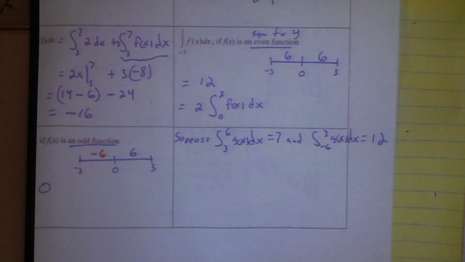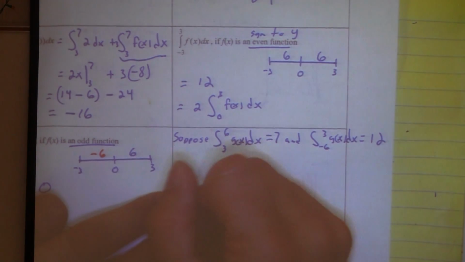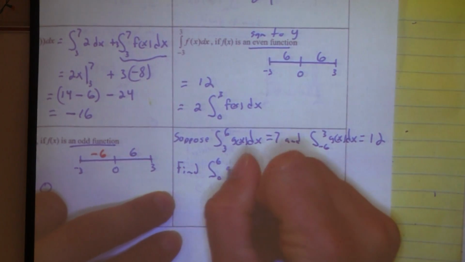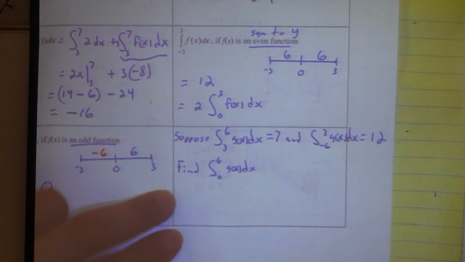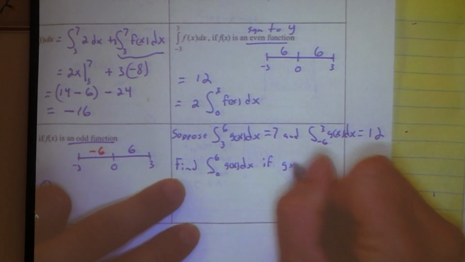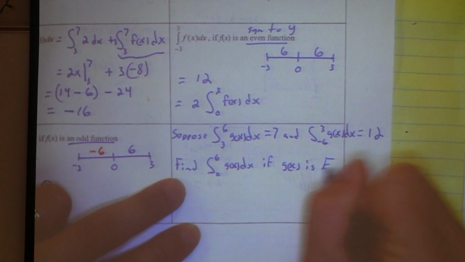So this is the information that's provided, all right? I want you to find the integral from 0 to 6 of that function g of x, if I tell you that g of x is even?